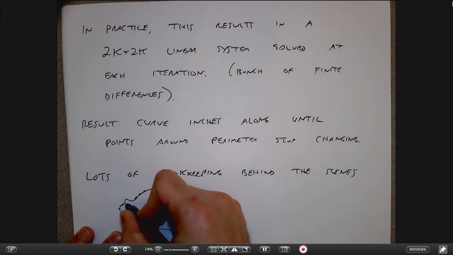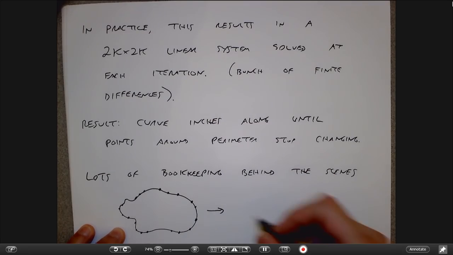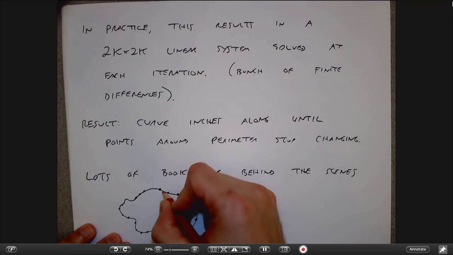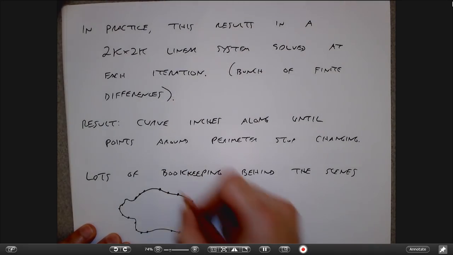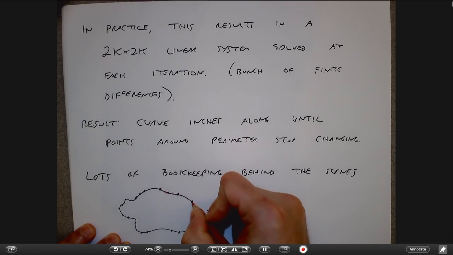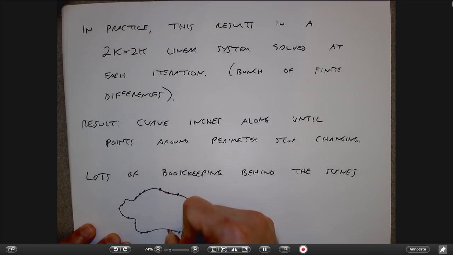So maybe what I want to do before going to the next step is, actually maybe better if I use a different color here, if I can find my colored pencil. Maybe what would be better is to say, before I go on to the next iteration, I'm going to resample these points to be equally spaced along the perimeter, so that my curve is ultimately more well-behaved.